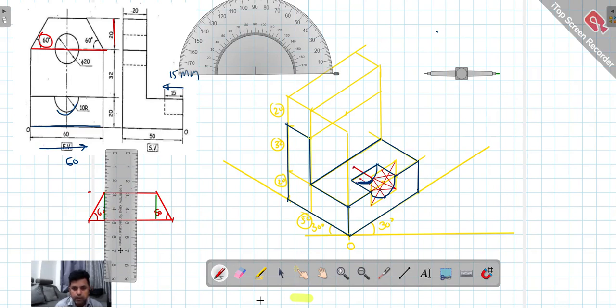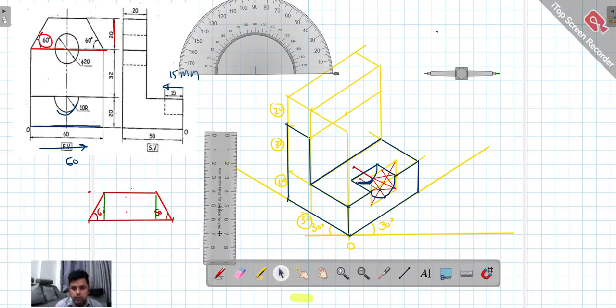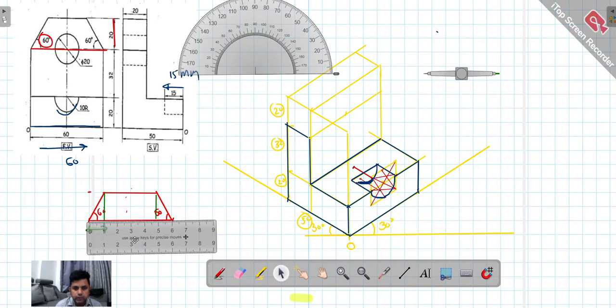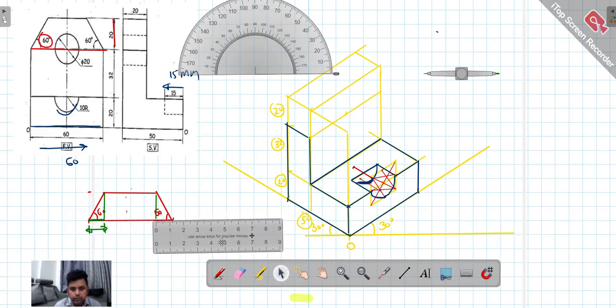Okay, now take the distance in your compass. There are two methods: you can take the distance in compass or simply measure in the scale what distance it is, 10 or 11. It comes, I think, 11. So this distance I took in the compass. Of course this distance will again be the same.